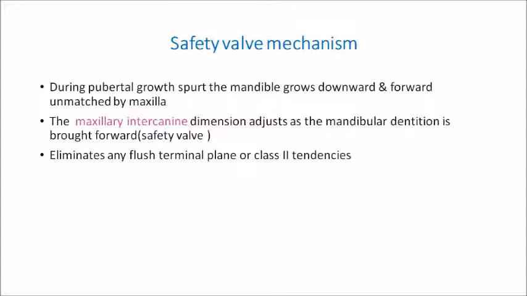So this prolonged increase in intercanine width in the maxilla is actually nature's safety valve mechanism. The question is, why is there a safety valve mechanism? We have seen that in the mandible the increase in intercanine width occurs at a very young age, 6 to 8 years. But imagine if the maxilla also followed the same pattern, around 6 to 8 years of age.